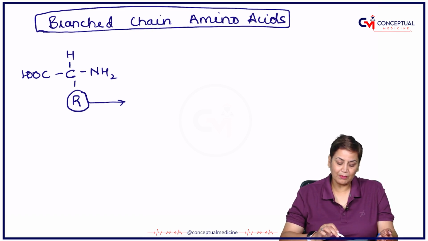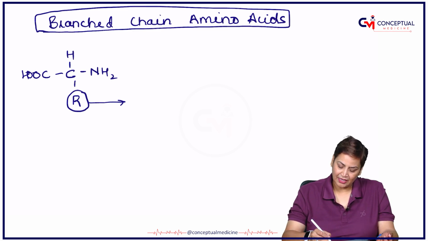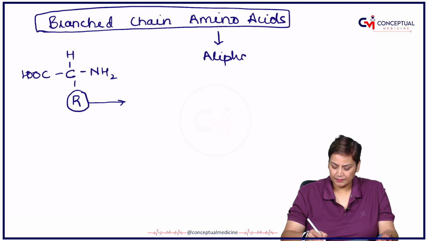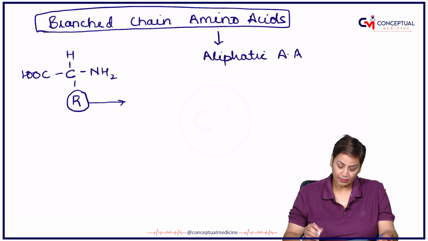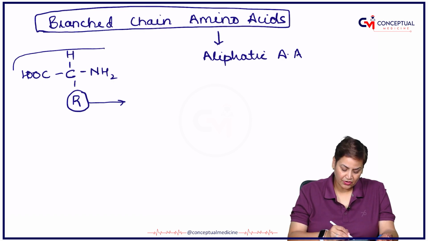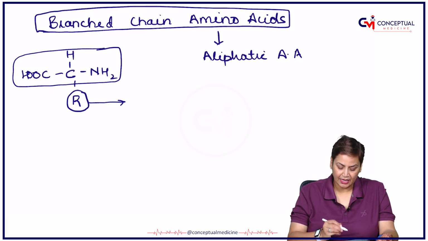So, if we talk about the branched chain amino acids, first of all, they come under the aliphatic group, or they are the aliphatic amino acids. And if we talk about the structure of these 20 standard amino acids, it will be the same, this one.